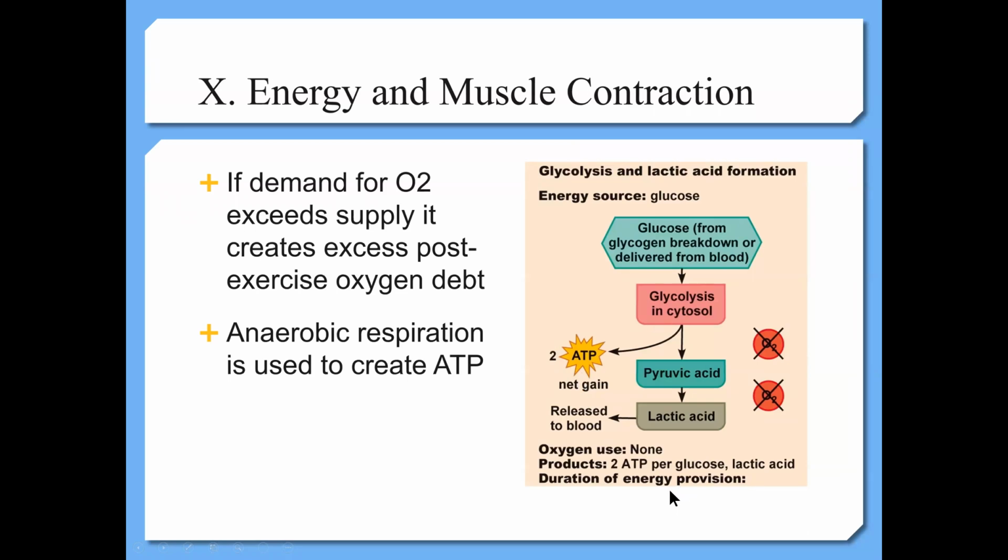Now, fortunately for us, when we quit exercise and take a few deep breaths and overcome our temporary oxygen deficit, then this lactic acid, which is in the circulation now, will be converted back to pyruvic acid and we'll be able to use it. So it's not like it's lost forever. But this is the importance. We have a little bit of ATP hanging around for a few seconds.